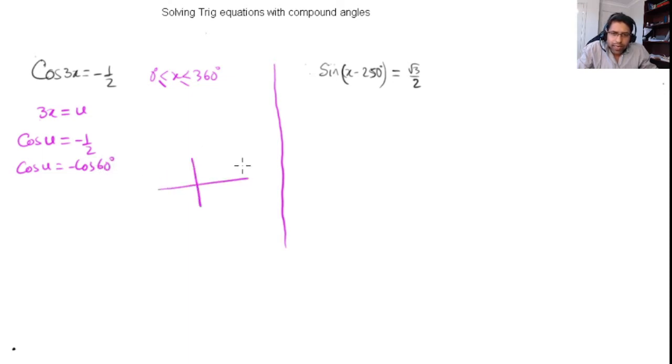Since it is negative, and cos is negative in the second and third quadrants, while in the first and fourth quadrants cos is positive, our answer is sitting in the second and third quadrants. So this one is basically 120 degrees, and coming down to this one, definitely it is 180 plus 60, which is 240 degrees.